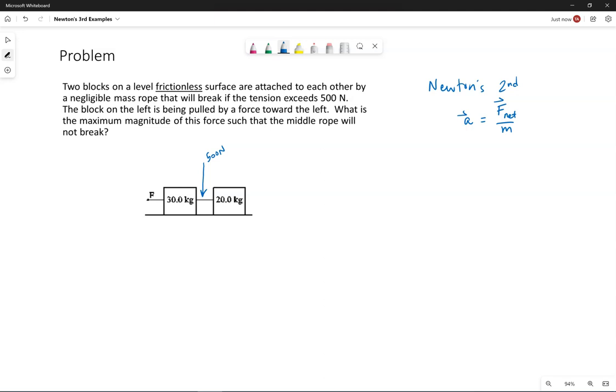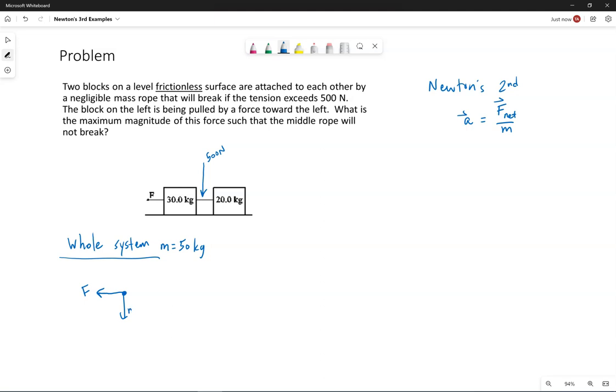Now, as we look at these problems, sometimes it's easy, in this case it's fairly easy, to look at this system as if it were one single box with a mass of 50 kilograms. If we do that, we know that that box has this pulling force to the left.